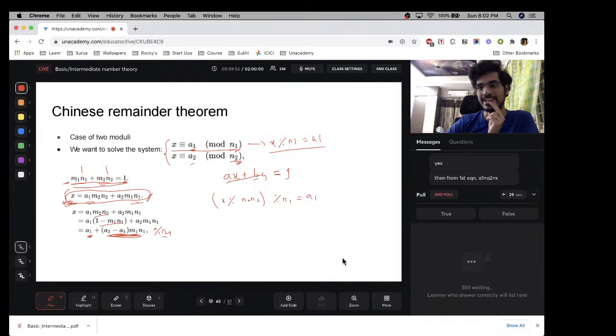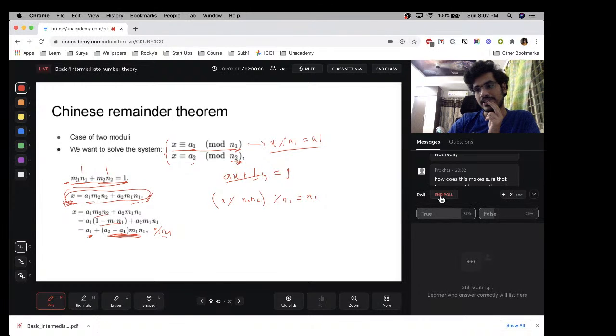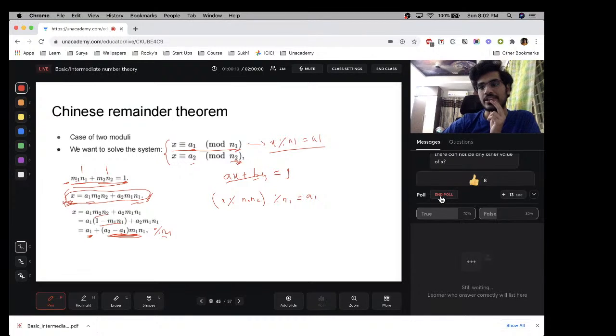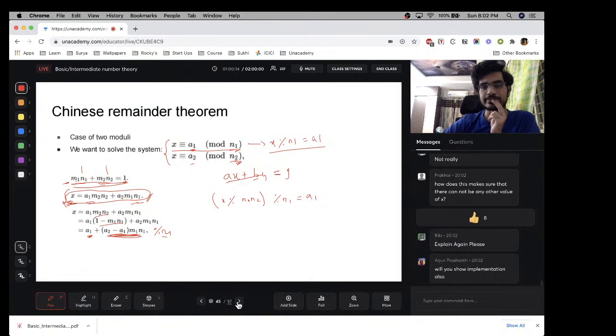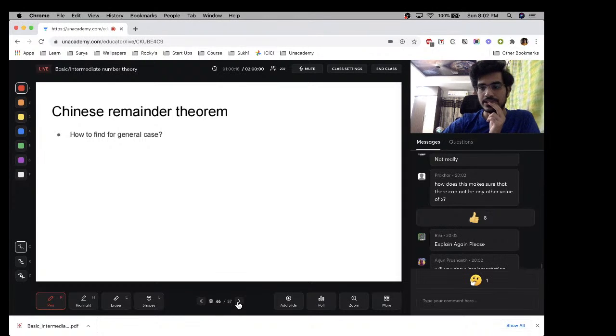If it's clear, then press yes or true. If it's not clear, then press false. Okay, a lot of people it's clear. We'll proceed further.